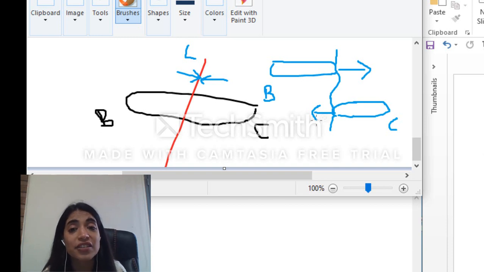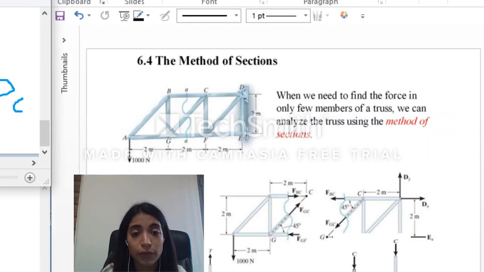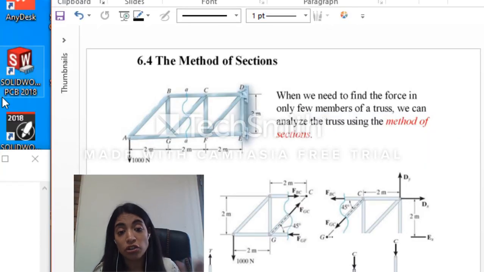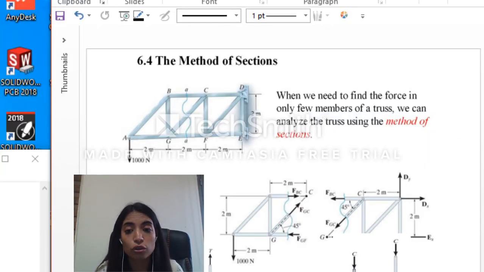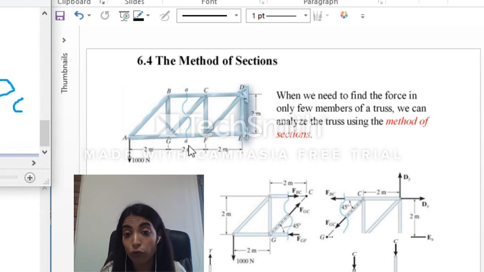Now, basically, this is the concept of the method of sections. So the question is basically to find the internal forces inside BC, GC, GF.